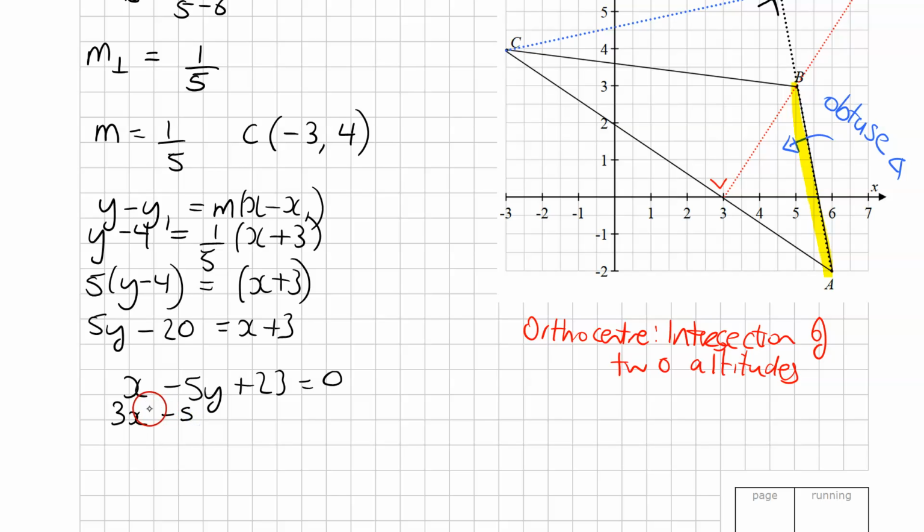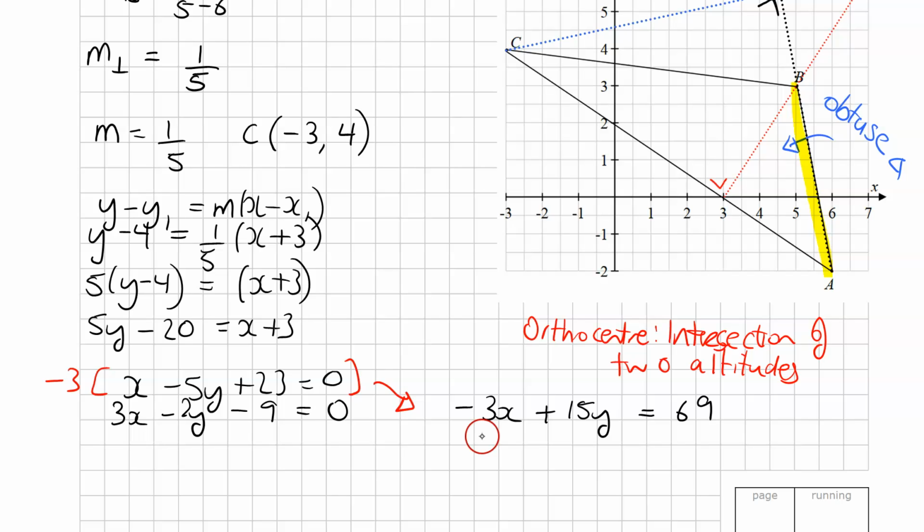We got this from part A. Okay, so I'm going to multiply the top one by minus 3, and that will give me minus 3x plus 15y equals 69. Now all I've done there is bring that to the far side. I probably should have done that first, but not to worry about it.